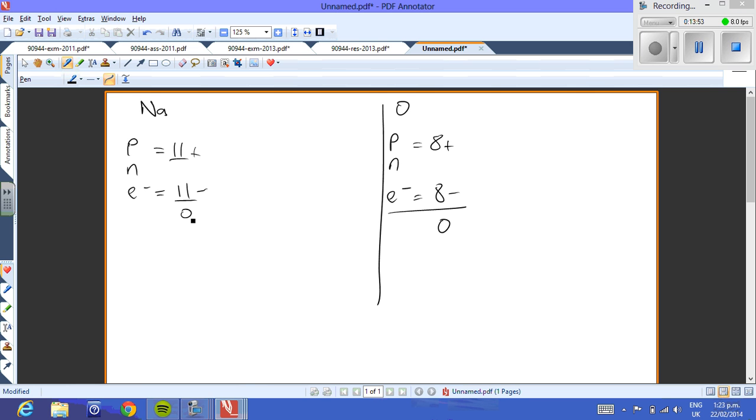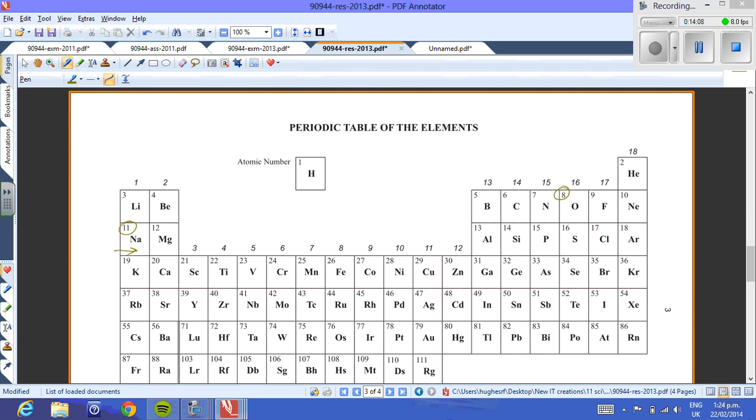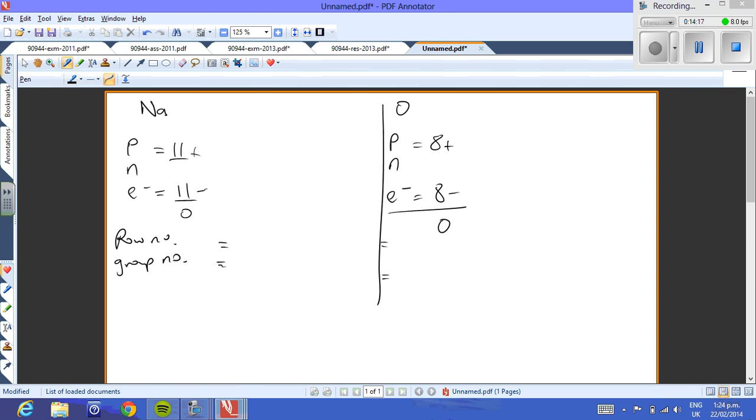Now, for atomic structure, we need to also know the row number and the group number. And we just do that for oxygen as well. Remember hydrogen is row number 1, so this is number 2, number 3. So sodium is in row number 3, which means it has 3 shells. And it's in group number 1.